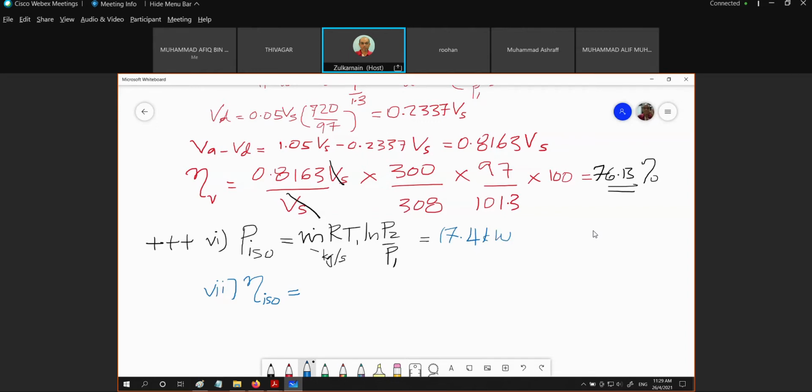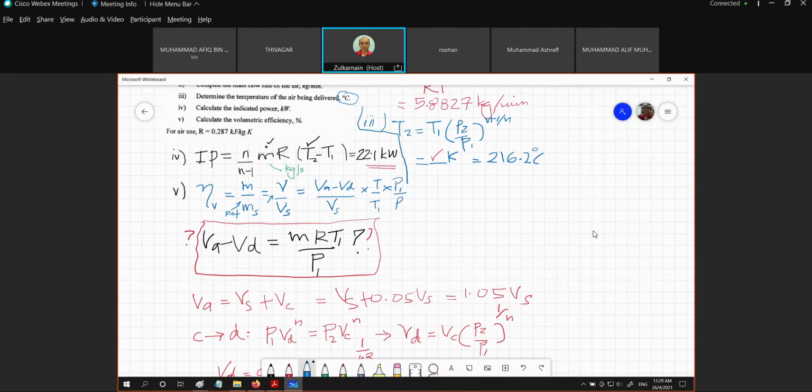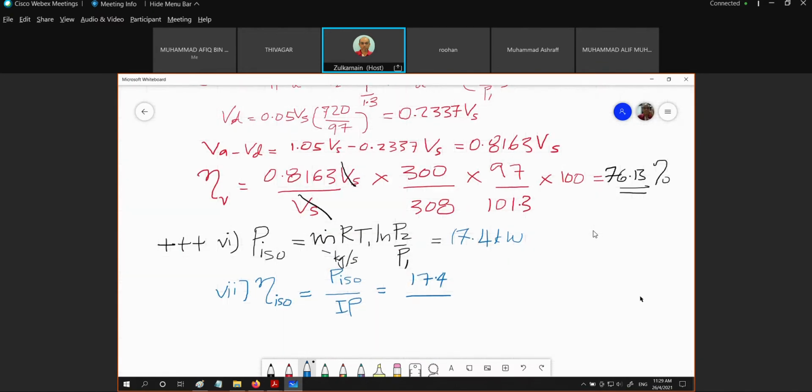And what is isothermal efficiency? This is P ISO divided by IP. So we have the P ISO as 17.4, and just now we have calculated the IP, which is 22.1.